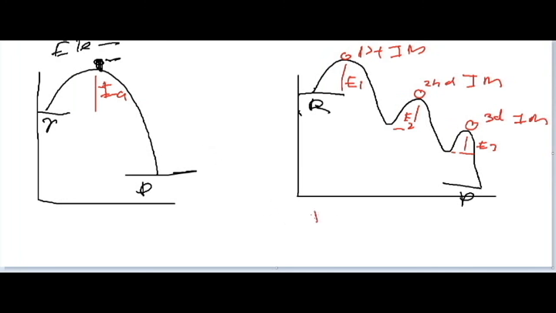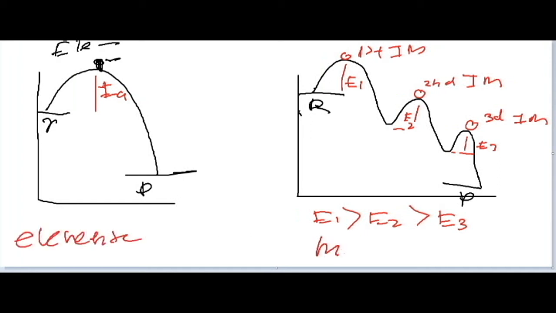Now think about whether there is a difference between E1, E2 and E3. This is an elementary reaction and this is multi-step.